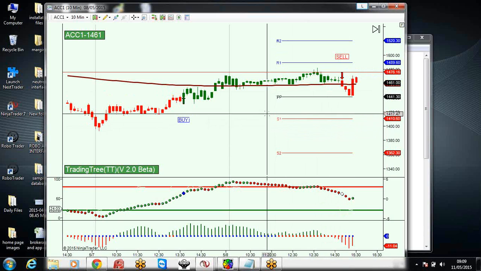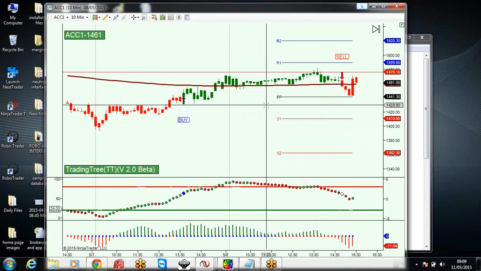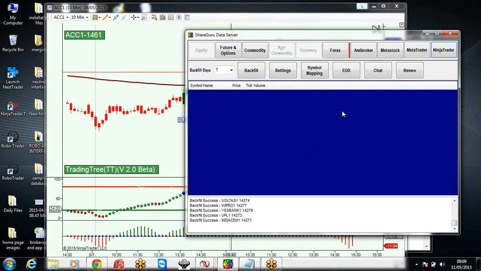What you're seeing here is the TradingTree Technical Analysis software. We use NinjaTrader as the trading platform, and we get the data feed from Shareguru, our third-party data provider. With this application, you'll be able to trade in equities, futures and options.